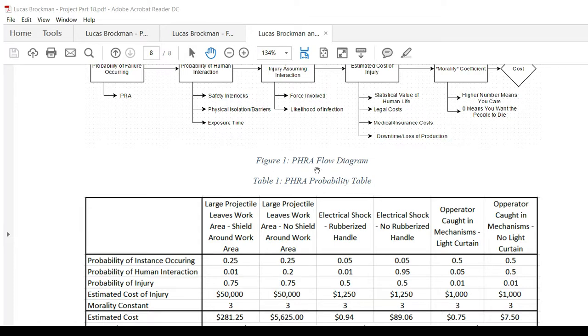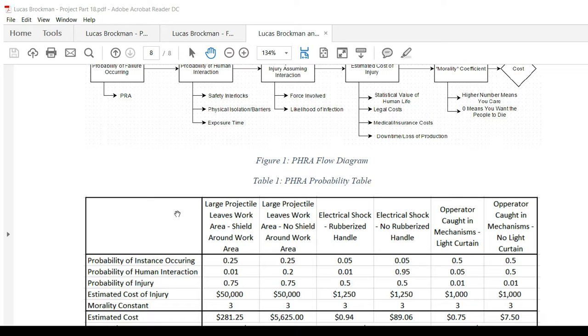Next would be rubberized handles to prevent electrical shock to the operator. And finally, light curtains that would detect if an operator reached into the work area and that would shut down the machinery to prevent any potential injuries from occurring.